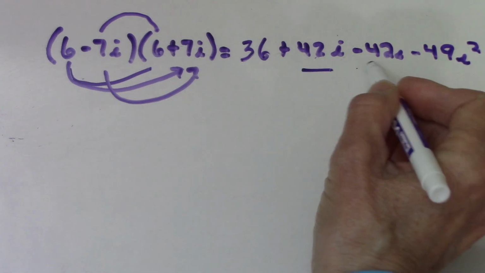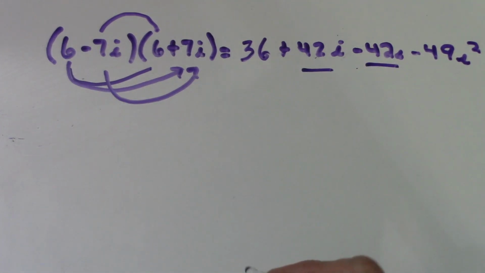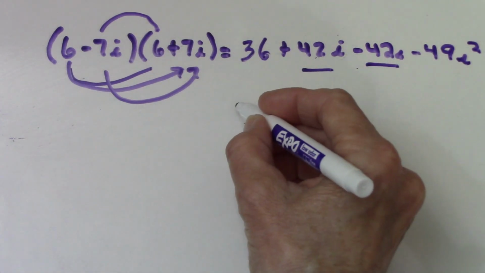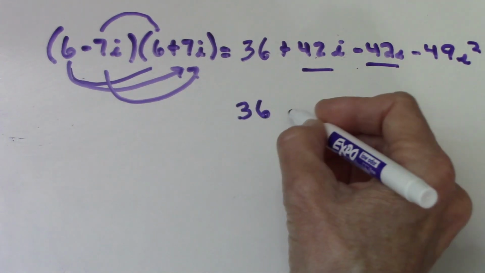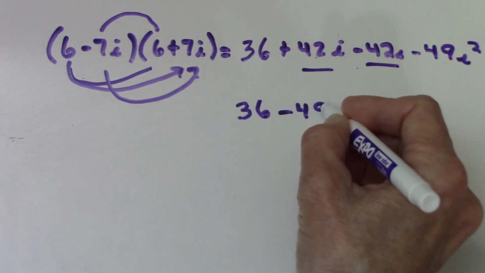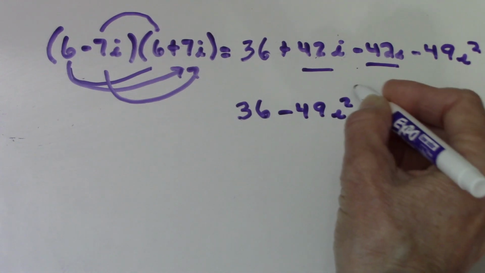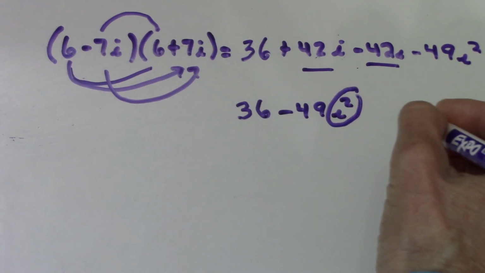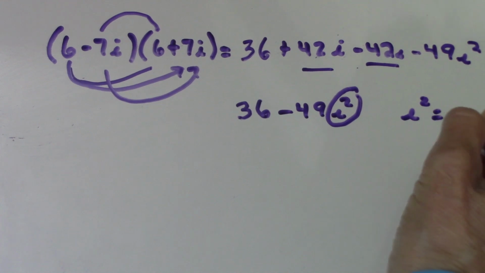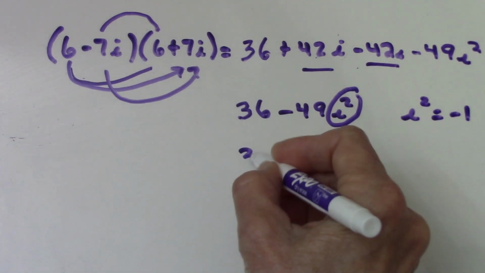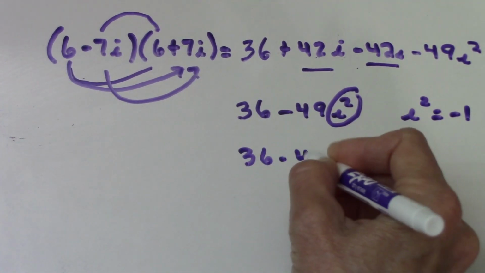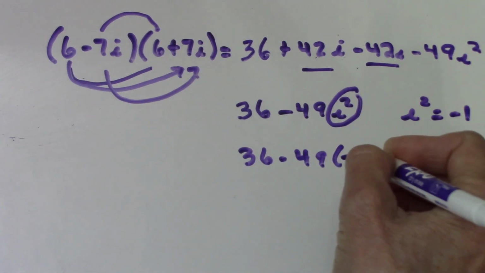Okay, when we go to combine the middle terms, we notice that they cancel out. So we're left with 36 minus 49 i squared. i squared is -1, so I have 36 minus 49 times negative 1.